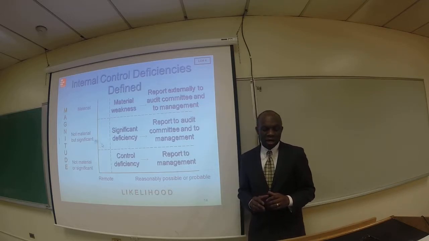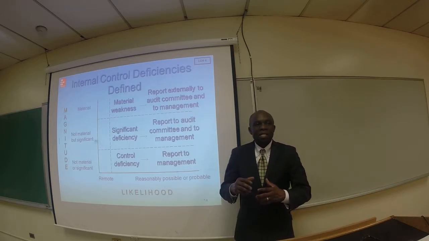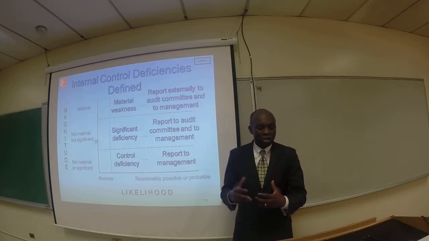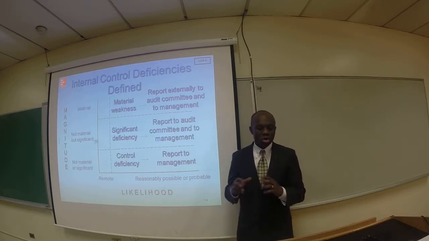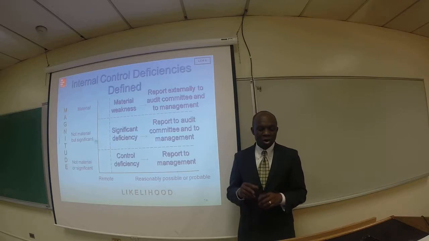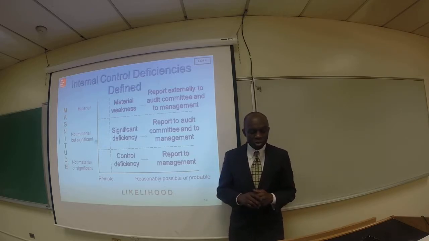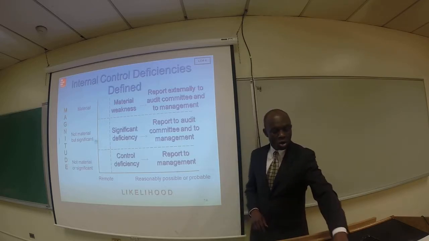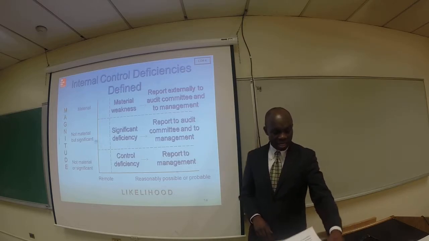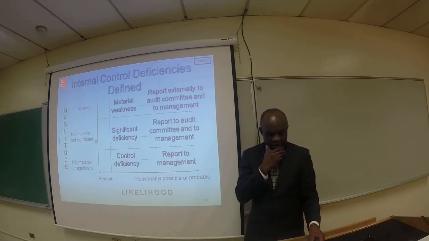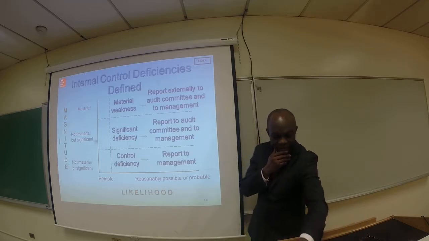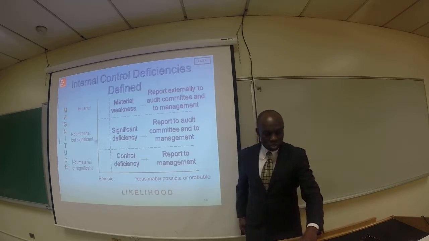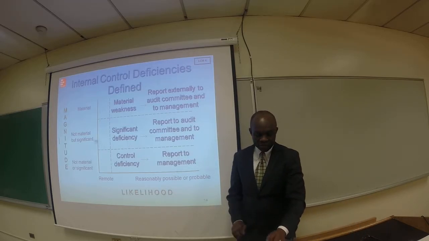Magnitude relates to the impact, the materiality, the severity that the control deficiency could have on the financial statements. So the impact or the severity that the control deficiency will have on the financial statement.